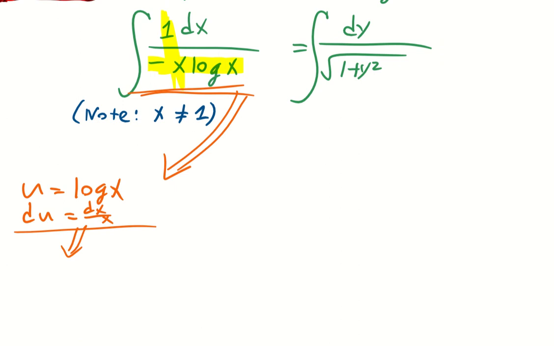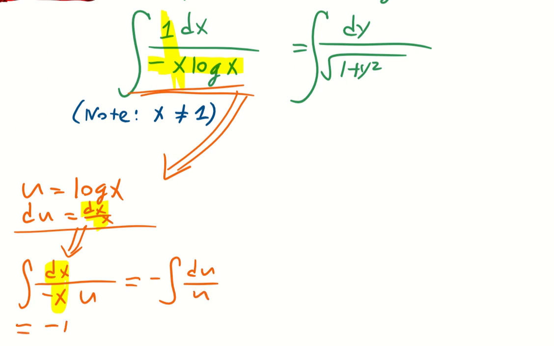Now let's use this information to rewrite our expression. Right now we just have dx over negative x times u, where u is the logarithm of x. Du happens to be dx over x, and that appears in the expression. And so we can substitute that du in. So this gives us minus the indefinite integral of du over u, and that equals negative natural logarithm of the absolute value of u.